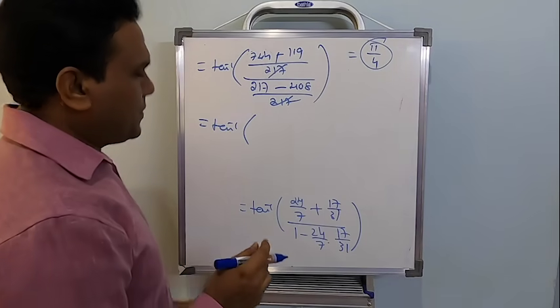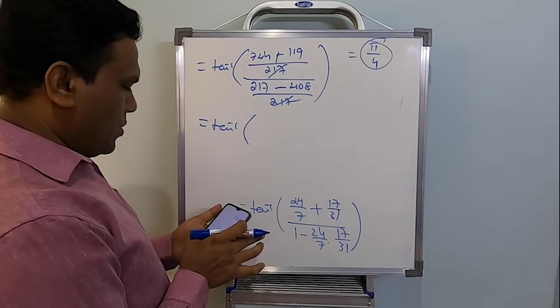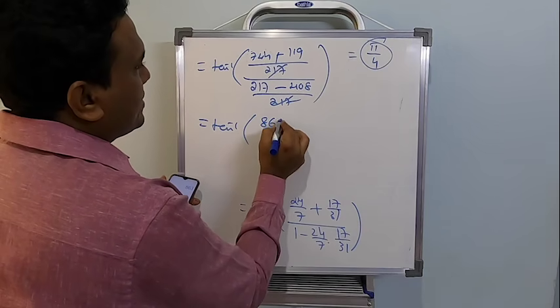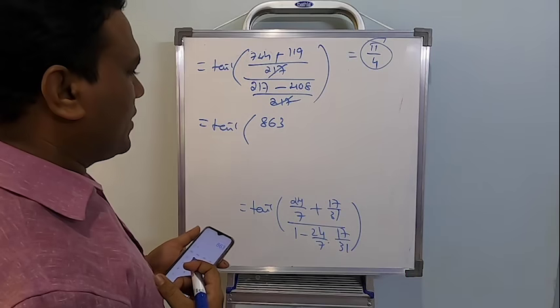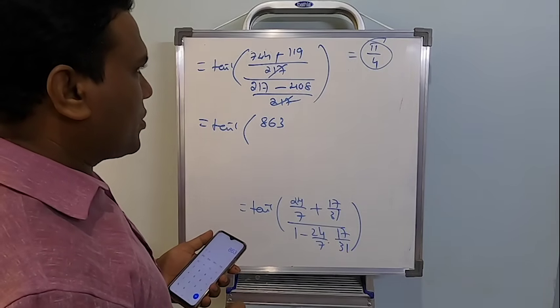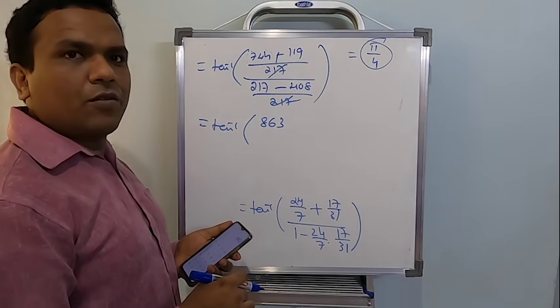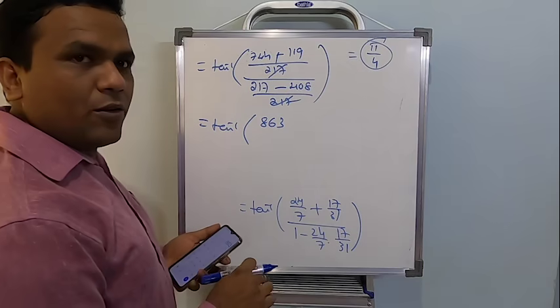So tan inverse of, we have the value 744 plus 119. How much is that going to be? 863. I know I went wrong somewhere in the simplification. So I just wanted to cross verify this. Okay, so 744 plus 119 by, now the denominator is not giving the value 1.